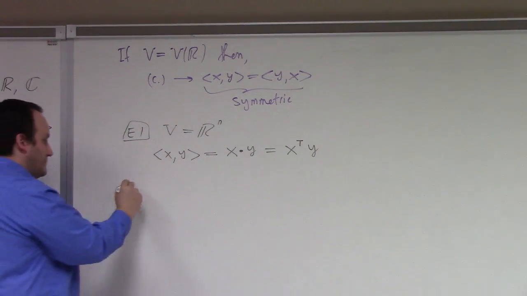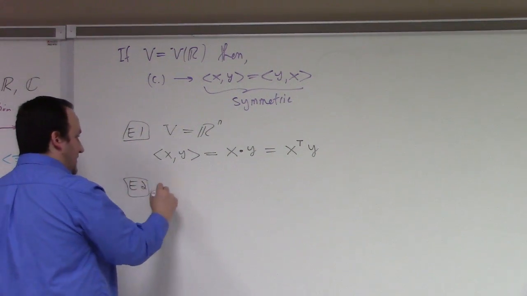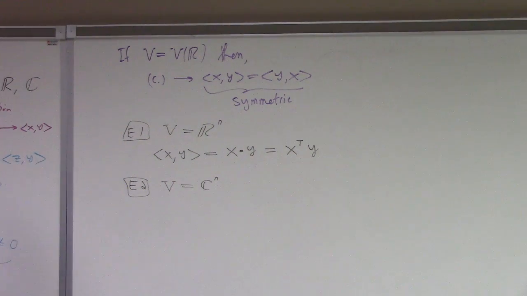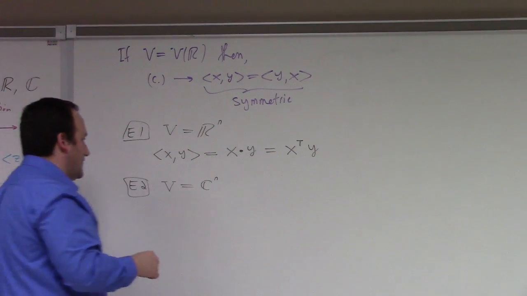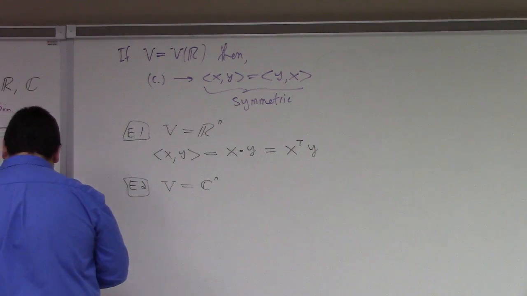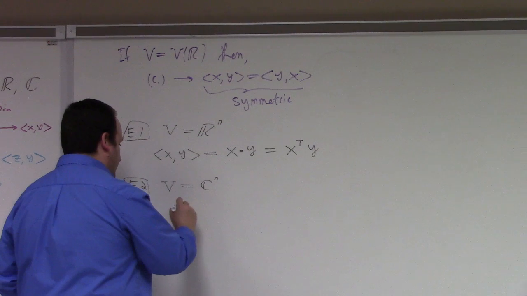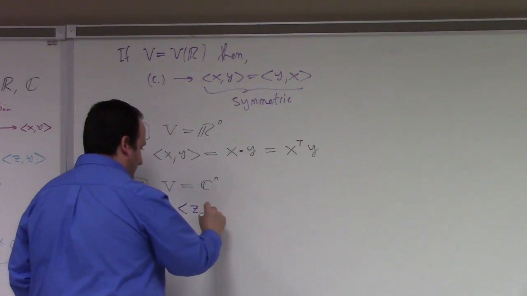Example 2. How about C^n? The dot product satisfies these properties, right? You're like, we're not sure. We need a homework on that. That would be a smart question. Here, z, w.